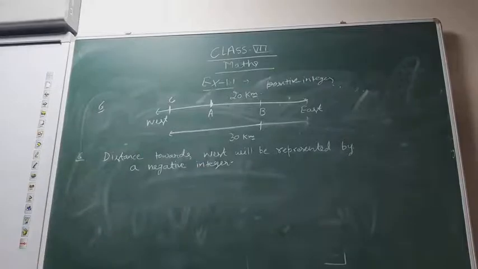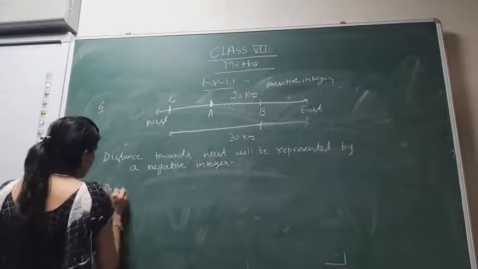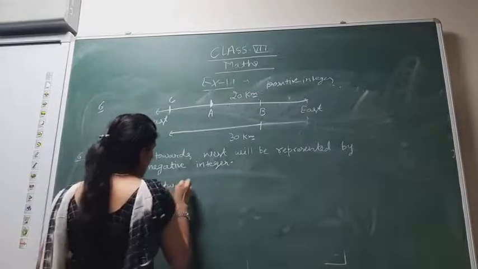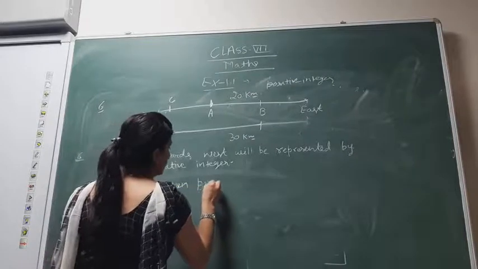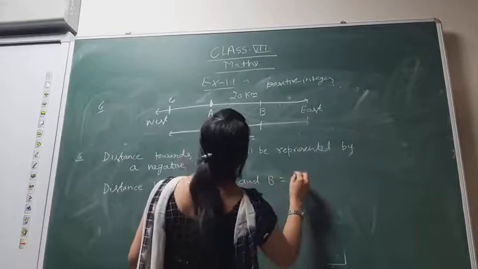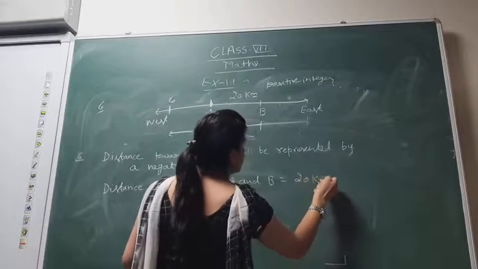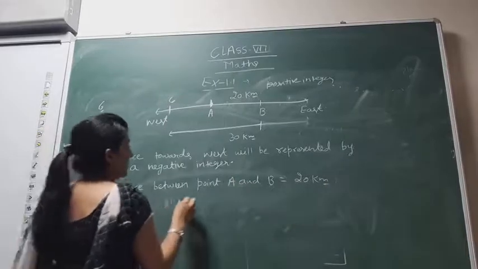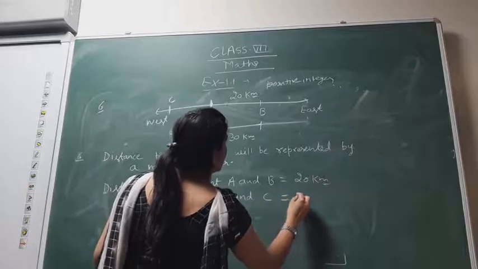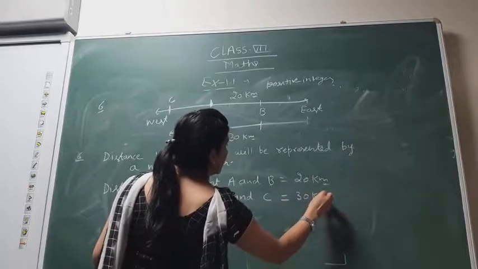Okay, now the question is how much distance is between A and C. So we will write distance between point A and B, it's 20 kilometers. Distance between point B and C is equal to 30 kilometers.